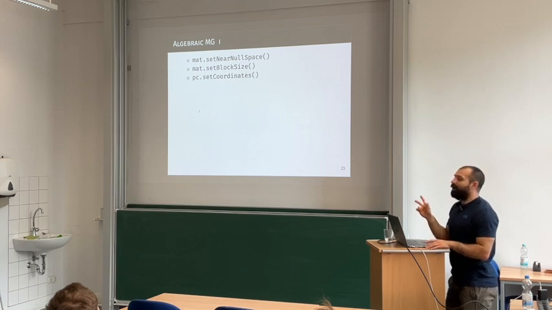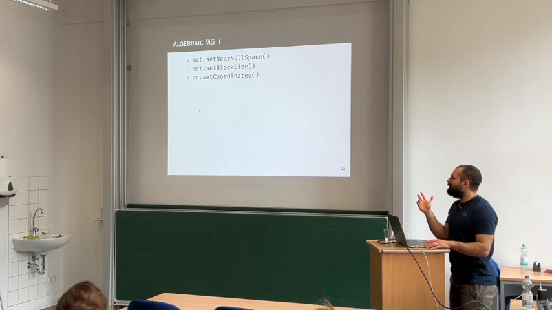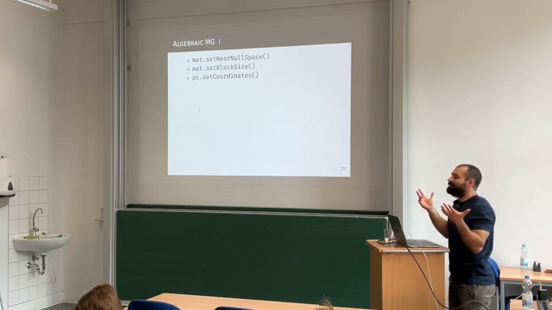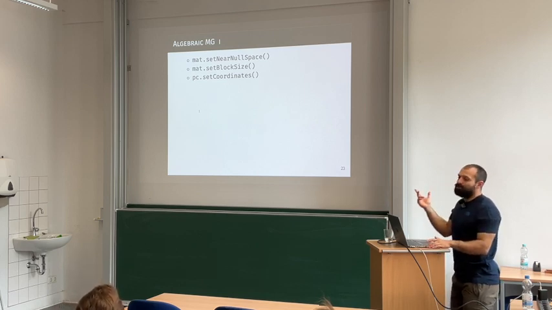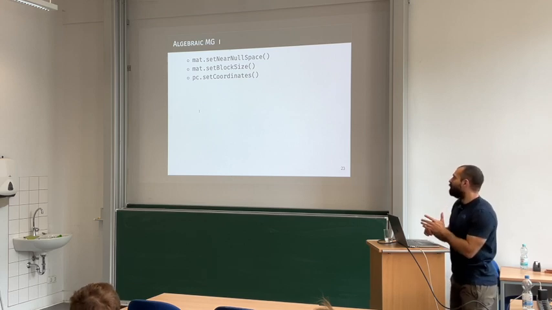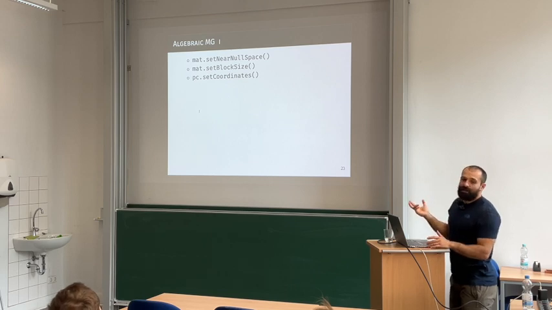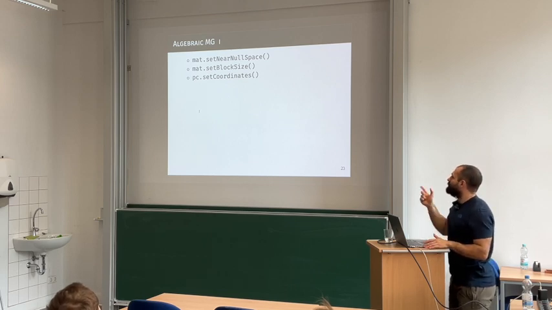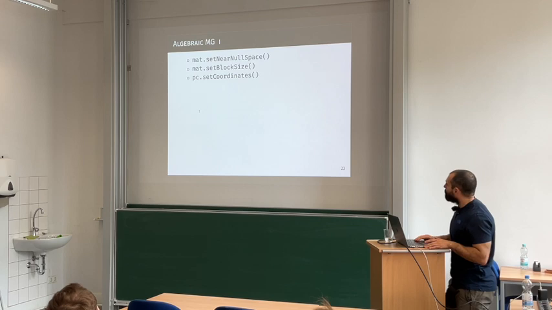Of course, this only applies if your problem is something like elasticity. If you are dealing with some exotic operator for which the near null space is not the rigid body modes, the translation or rotation, we cannot build anything for you. But if you are dealing with something like elasticity, we can automatically build the near null space for you.